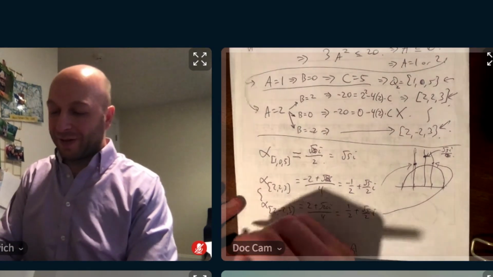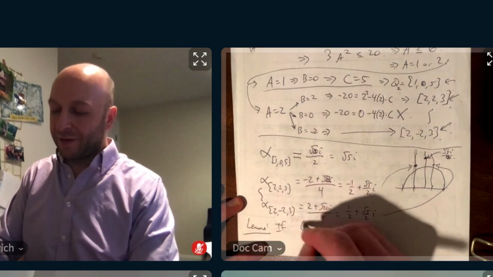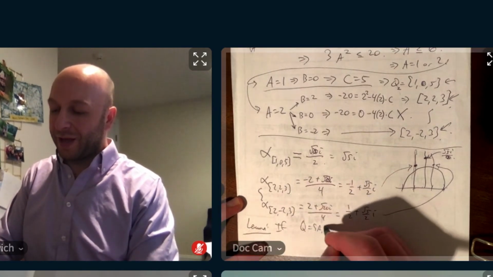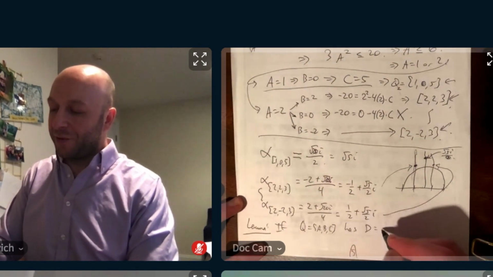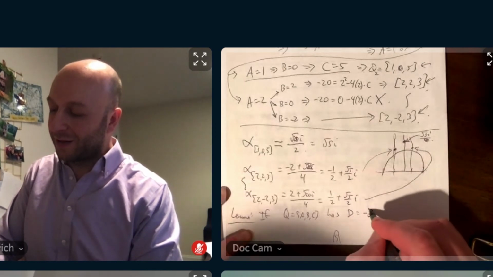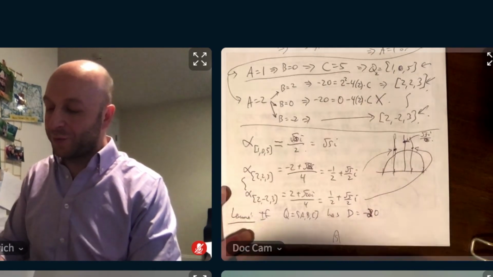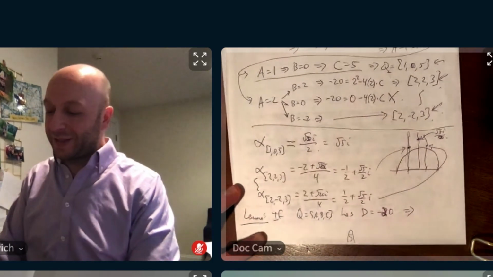So let's prove a little lemma. If Q, being ABC, has discriminant equal to minus 20, not minus 3, we're up to minus 20 now. If we have discriminant minus 20, then either one of two things happens.